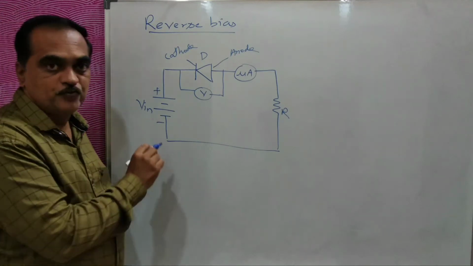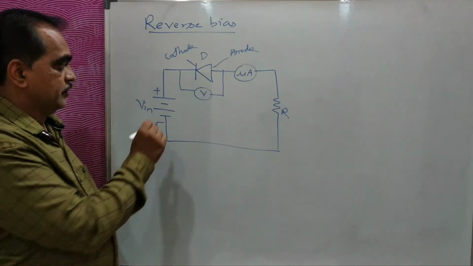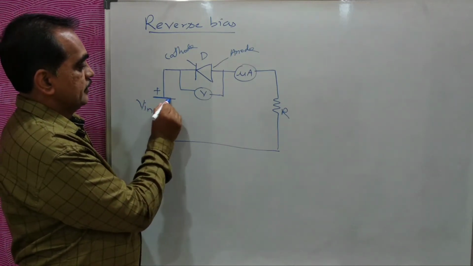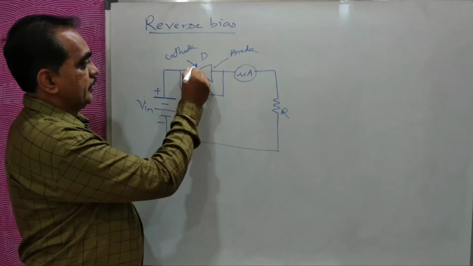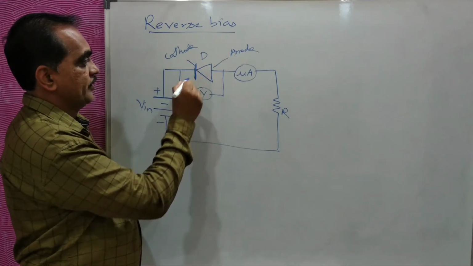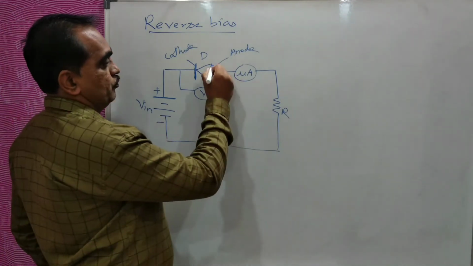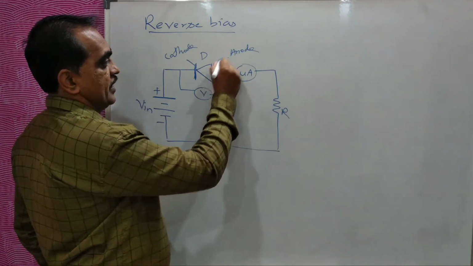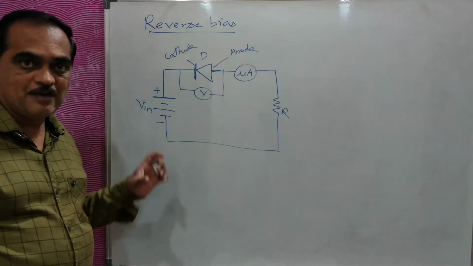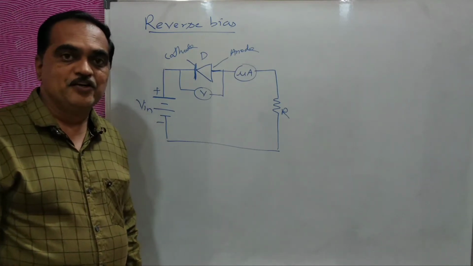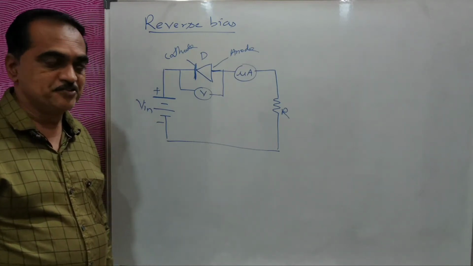Now the positive of the battery is connected to the negative terminal of the diode, that is the cathode, and the negative of the battery is connected to the positive terminal of the diode, which is the anode. If you have this configuration, then it is called a reverse bias condition.